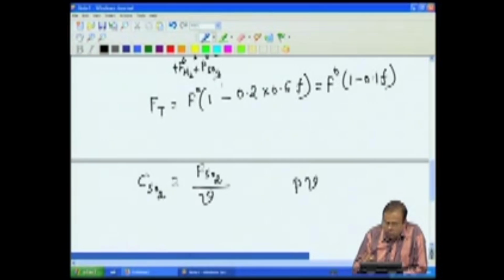which is, P into V, volumetric flow rate, is total number of moles into RT.